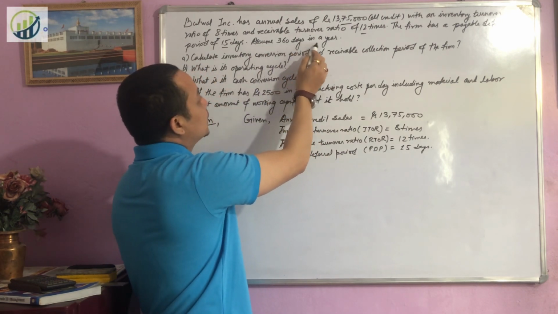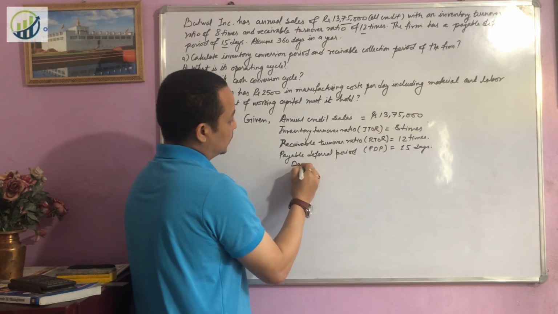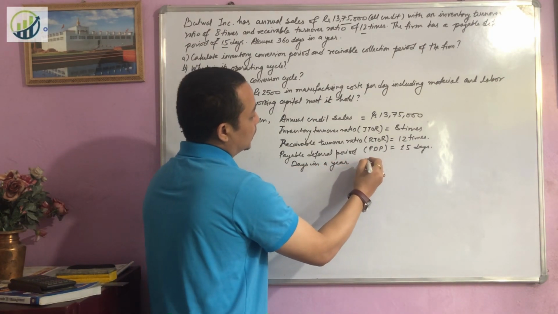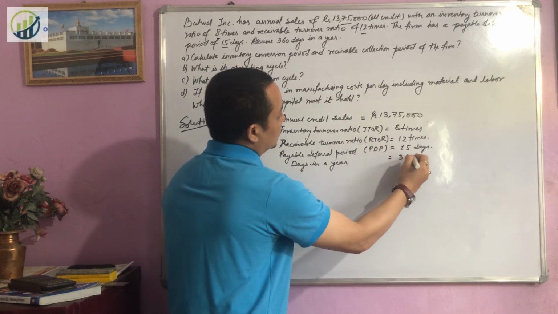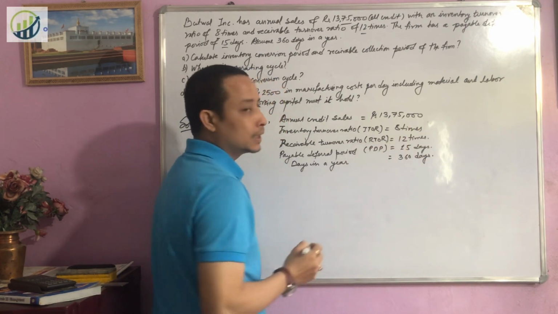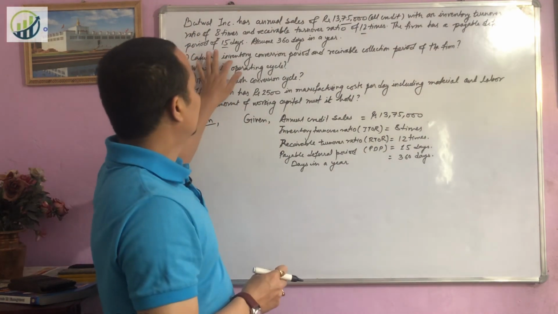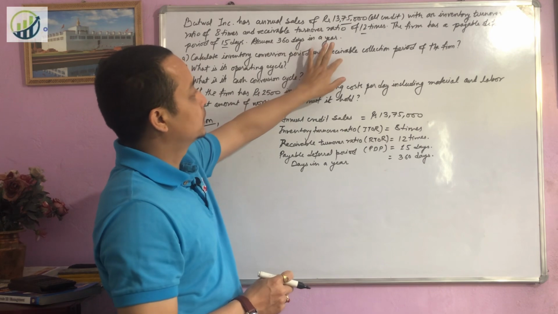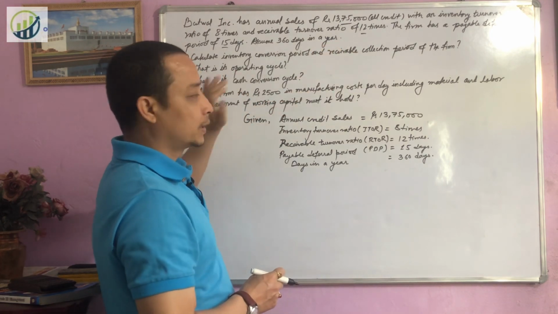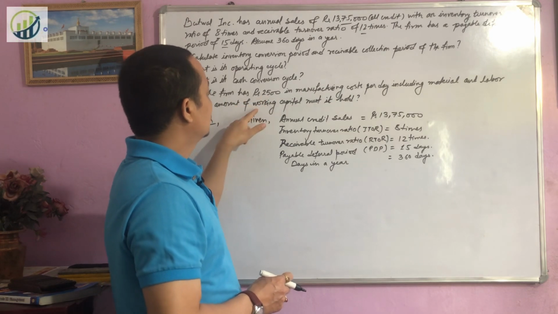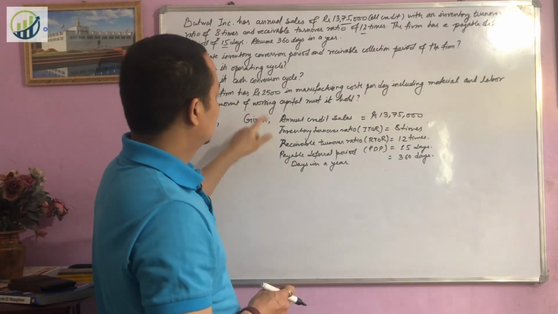Assume 360 days in a year. So these are the informations. By using this information, you have to find the inventory conversion period, receivable collection period, likewise operating cycle, cash conversion cycle, and there is another condition given from which you have to find the working capital required.